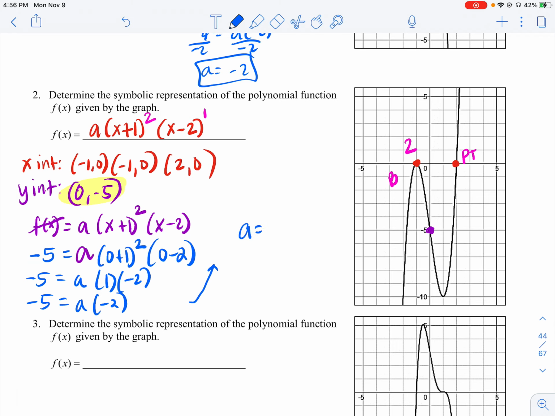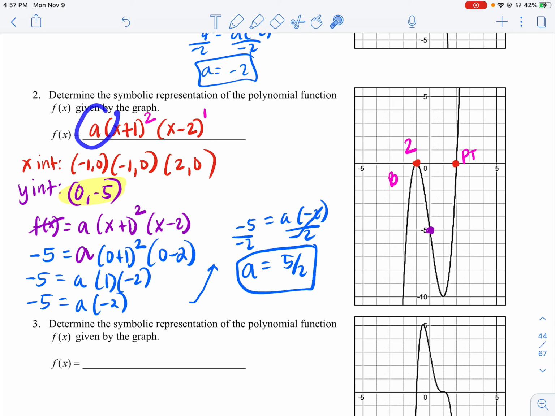So our a is equal to, wait, let's put that again in here so we don't get confused. So we will divide by -2 on both sides, right? So our a is equal to 5/2. Okay? And so over here, I will now be deleting that a, and I'm going to change that to 5/2. Okay, you guys? Got it?